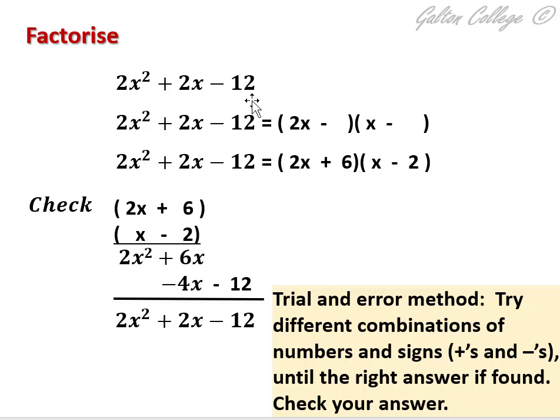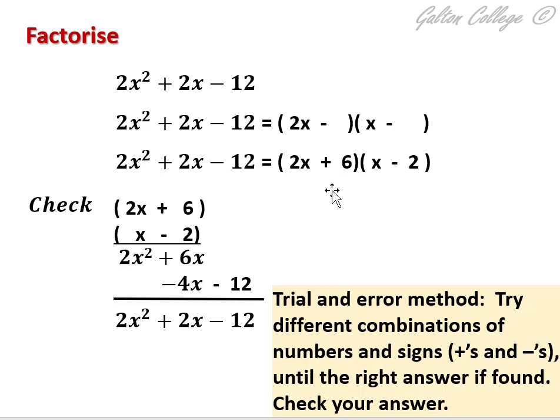So there are 3 combinations here to work out. And allowing for the 2 here in front, we need this one to be 2x. So we just keep on trying which set is going to work. Remember, the 2 comes into play here.